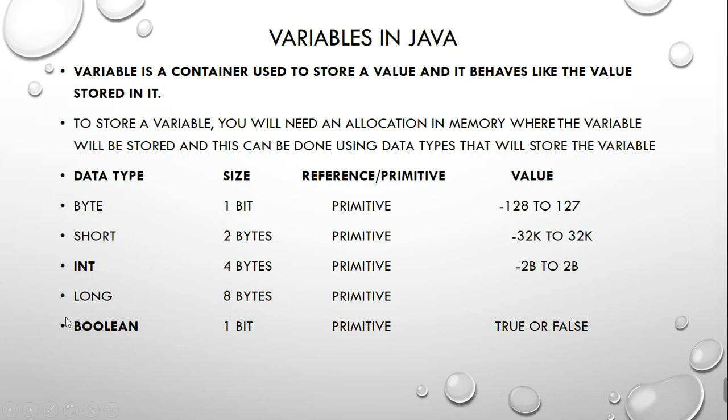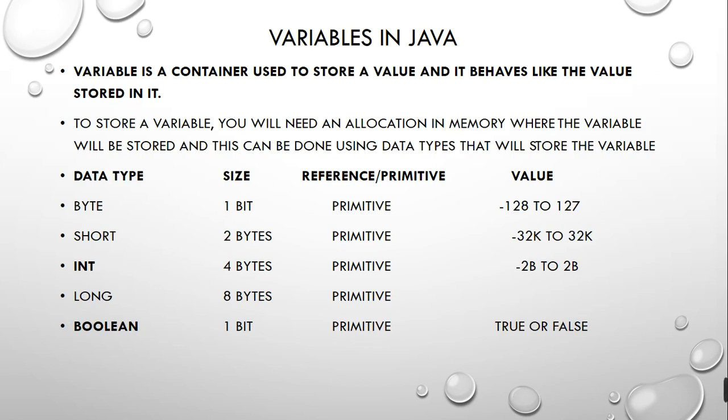Now after the int, if the value is bigger than 2 billion, then a long will take over, and a long is 8 bytes, and it takes very large numbers, millions and quadrillions or whatever amount. Then after a long, we have a boolean, and boolean is responsible for taking two values, either true or false.